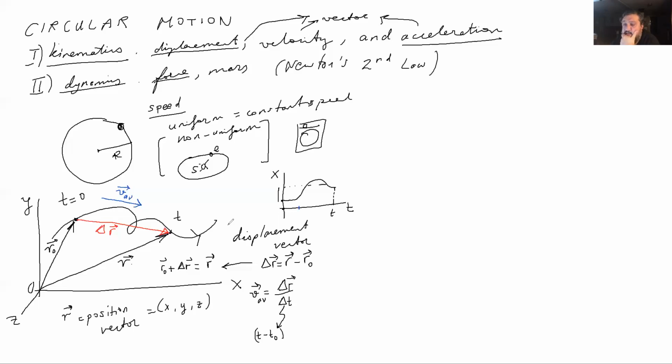But the point is, we need to divide that displacement in the x direction by the time interval. So this here is your delta x, or the length of delta x in this picture, while this is delta t.